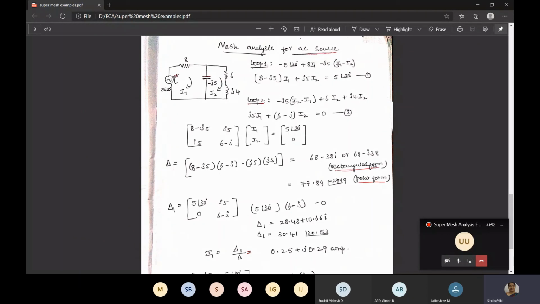Polar form is r at an angle theta. So press number 3, it will show the answer r at an angle theta. Just press equal to, you will get the answer 77.89 at an angle minus 29.19. So the first answer is in rectangular form and the second answer is in polar form.